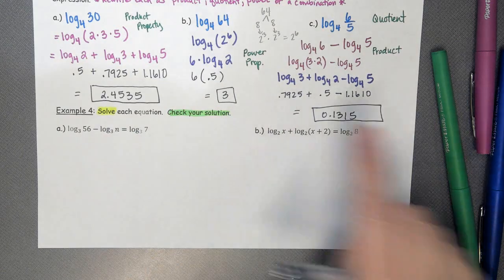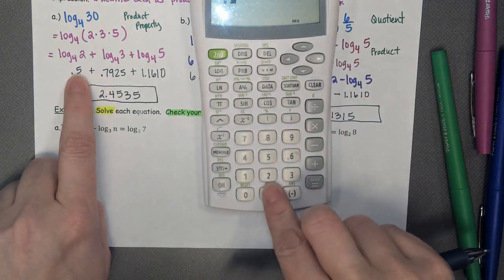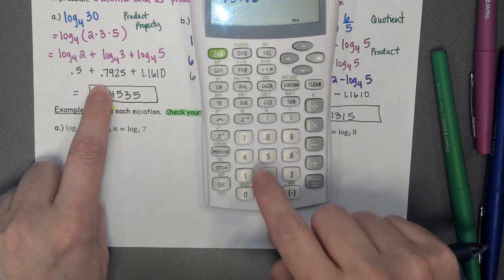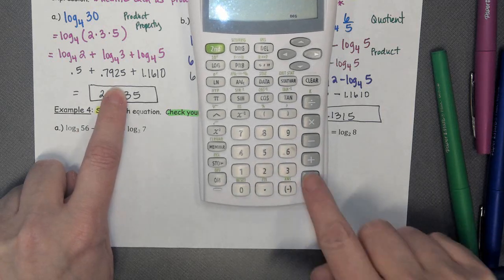Wait, this? No, no, never mind. The other thing, so that, you don't, you're just plugging in this. You're just doing 0.5 plus 0.7925 plus 1.1610.